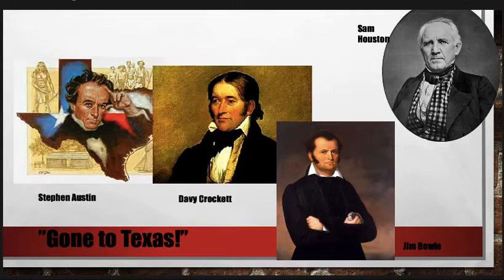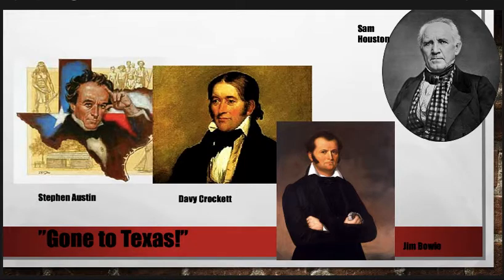So Americans began pouring into Texas. Most of them are good people, law-abiding, God-fearing people. Some of them just wanted to get a fresh start with some new land that was free or cheap.